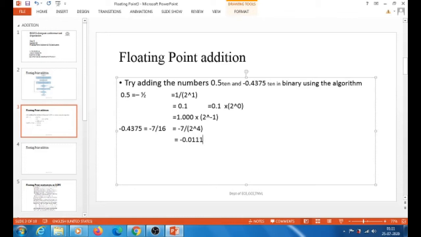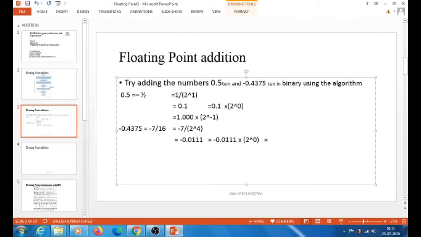So this in terms of power 2 can be written as minus 0.0111 into 2 power 0. So this is not a normalized one. We need to shift the decimal point, and we need to take 1 to the left of the decimal point. So if we take it like this, then we call this the normalized form.